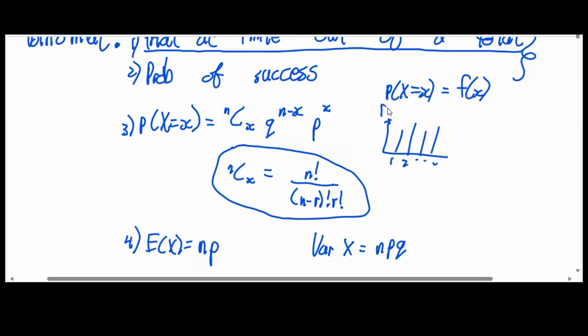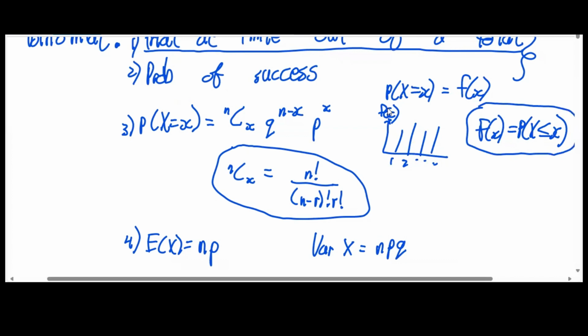From here we get your PDF, and then the CDF is always the same. The CDF is capital F of x, and it's basically the probability X is less than or equal to x. This is never going to change, ever. Whether you're going continuous or discrete, this core concept never changes, and don't ever forget it. Once you remember this, you can do the CDF or anything.